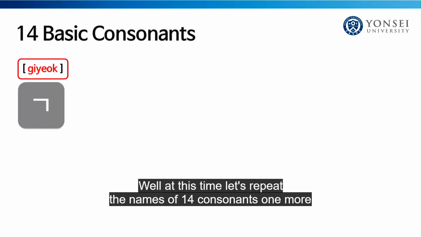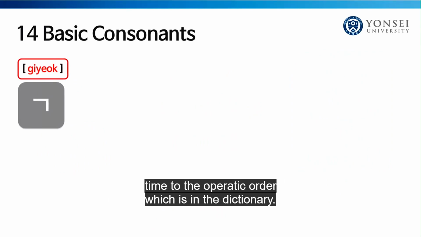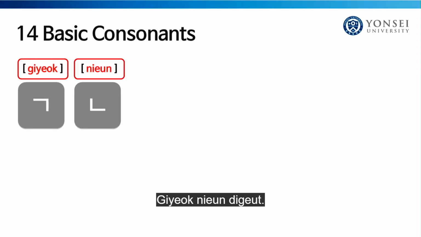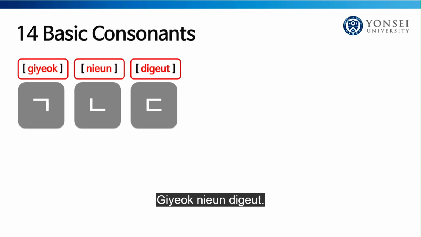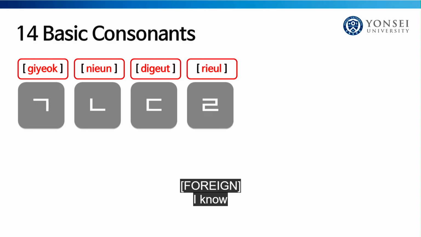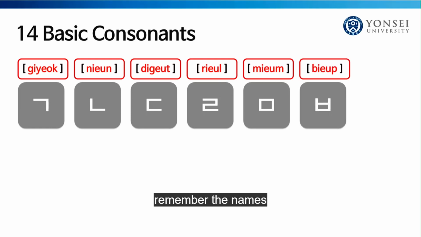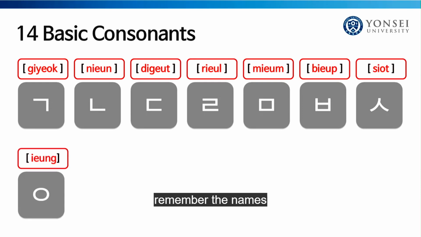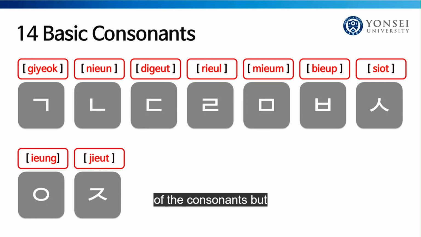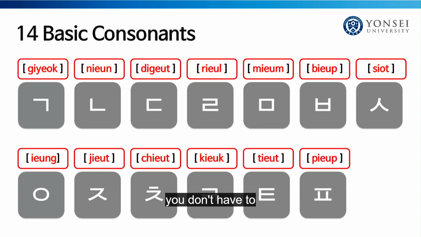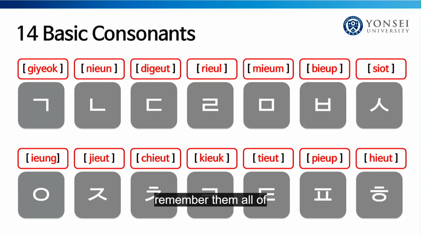Well, at this time, let's repeat the names of 14 consonants one more time in the alphabetic order, which is in the dictionary. 기역, 니은, 디귿, 리을, 미음, 비읍, 시옷, 이응, 지읒, 치읒, 키읔, 피읒, 피읍, 히읗.